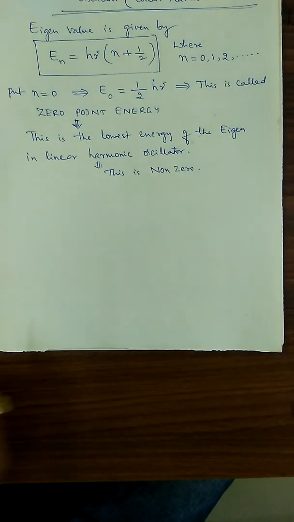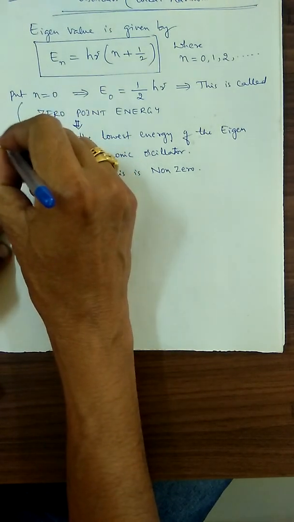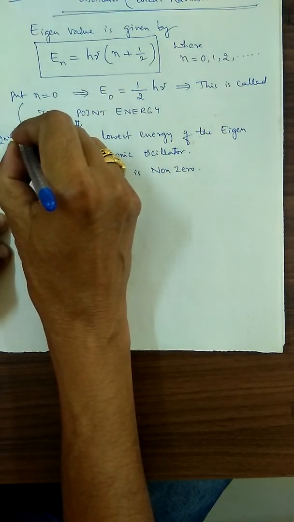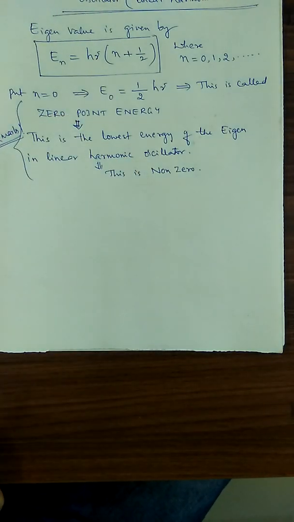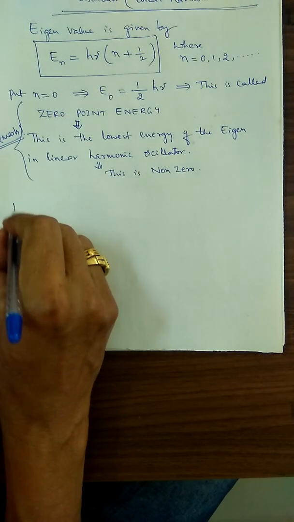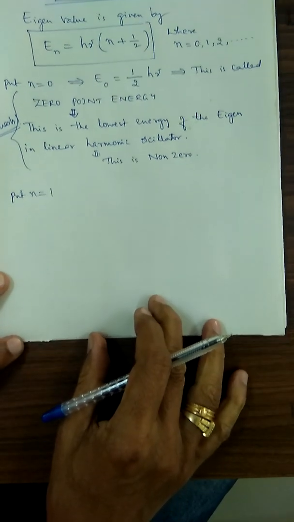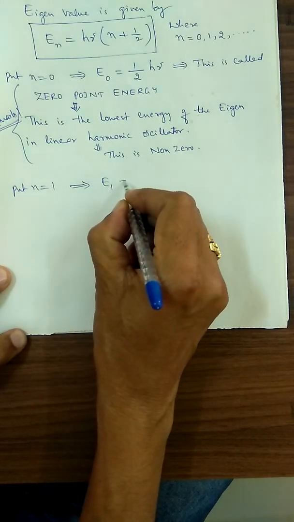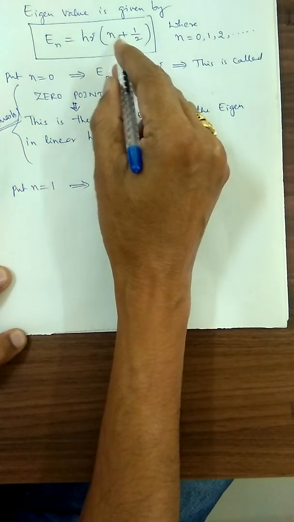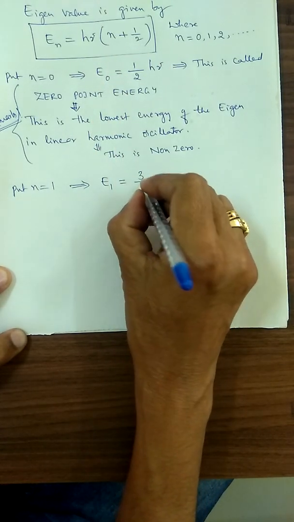Not equal to 0. This is a concept. It carries 2 marks. This is also important. We are asking this question for 2 marks. Put n is equal to 1. Then E1 is equal to, here n is equal to 1, you have to put 3 by 2 h nu.